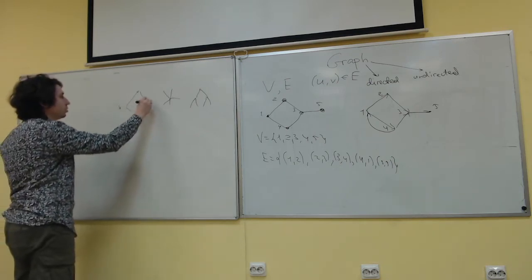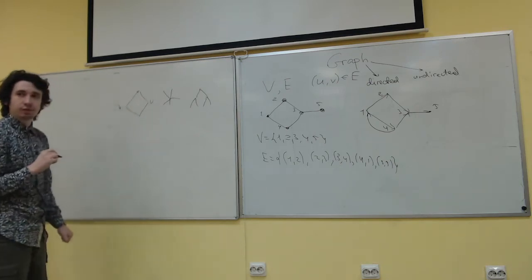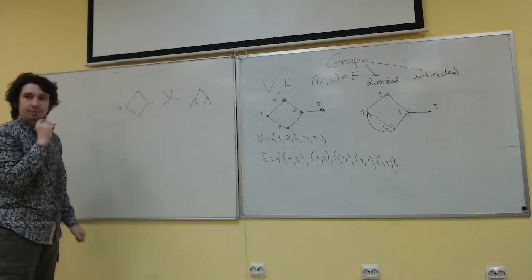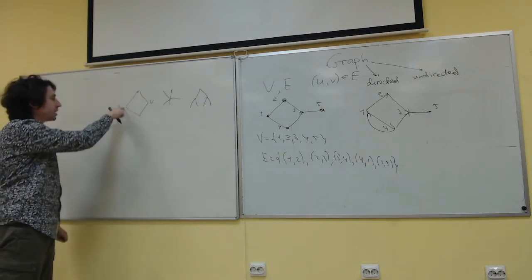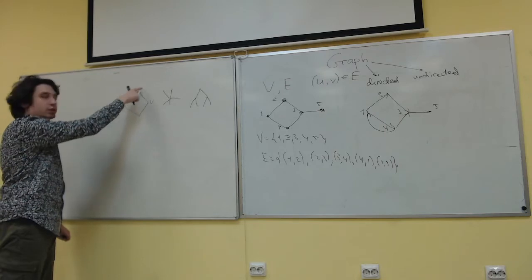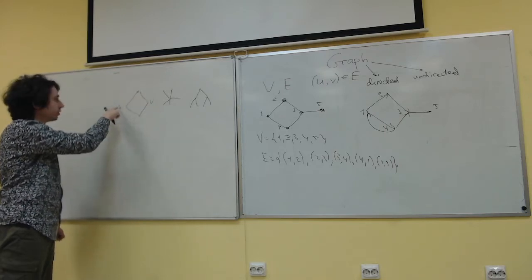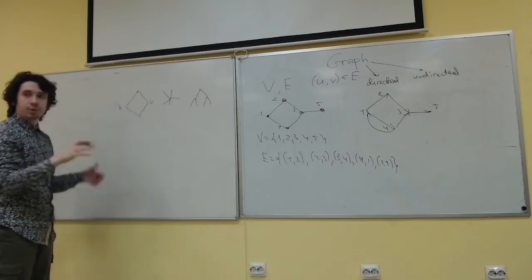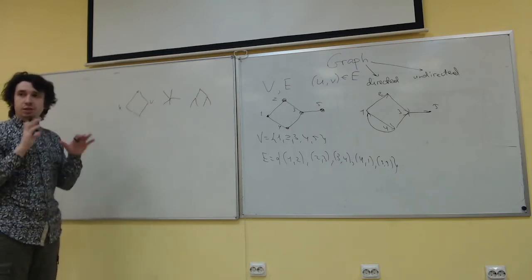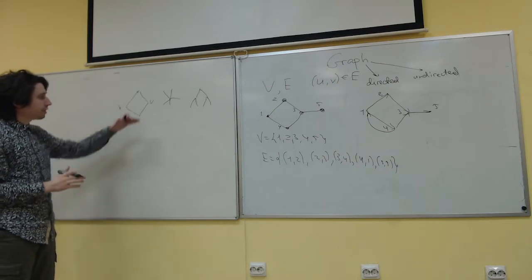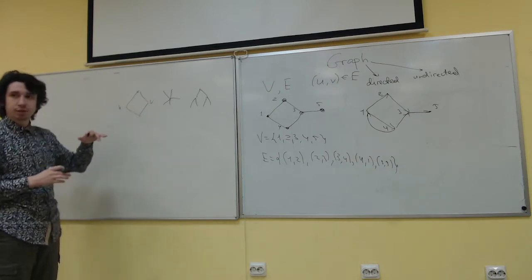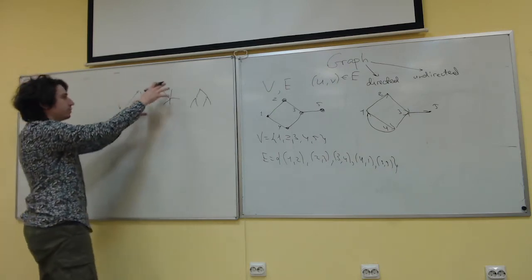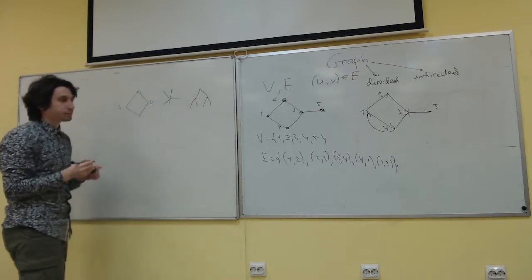Vertex U is connected to vertex V if there is a path between them. So what is path? Path is the set of edges that we should follow. So like kind of here from U to V, we can take this edge and then this edge. So because of that, they are in the same connected component. And for example, here we have three connected components in this graph. So this connected component, this one, and this one.